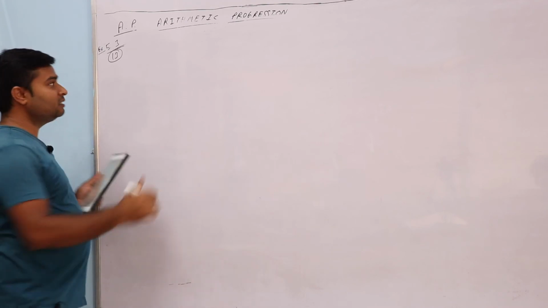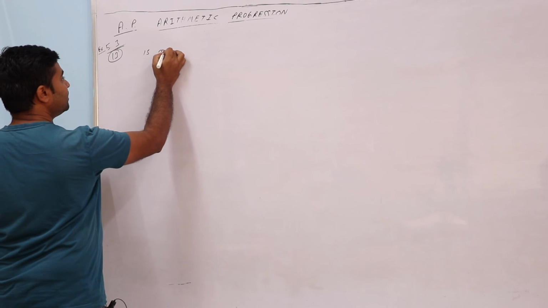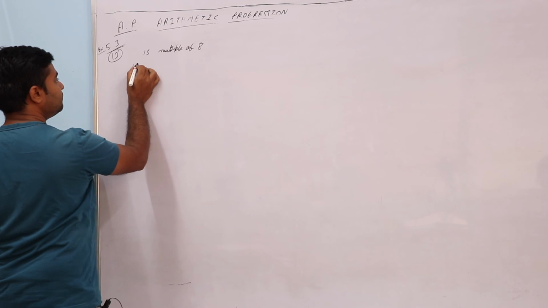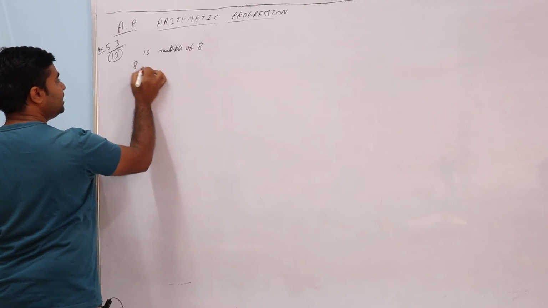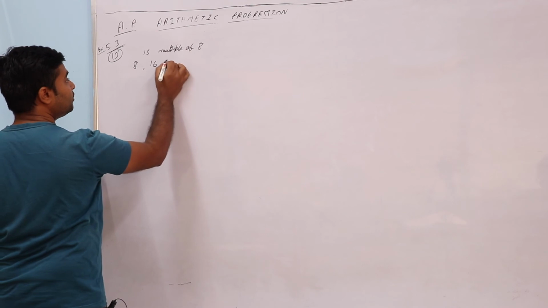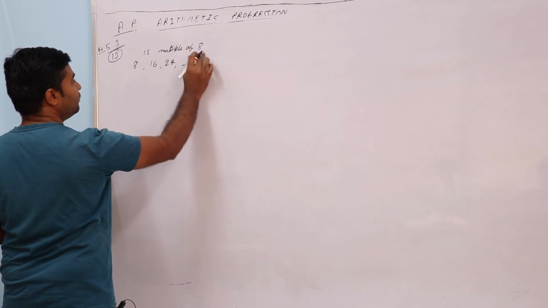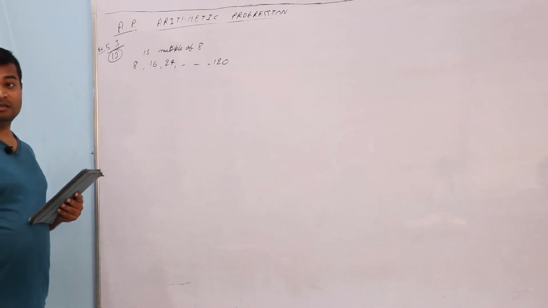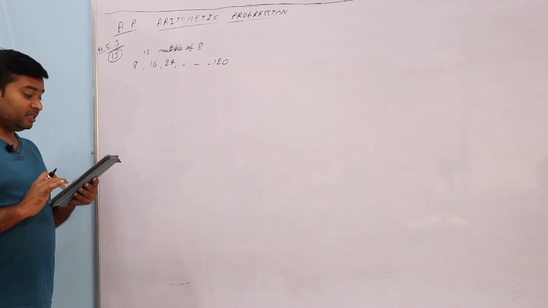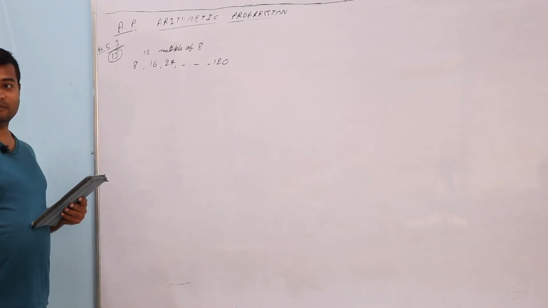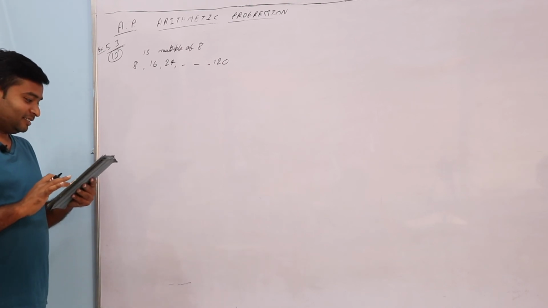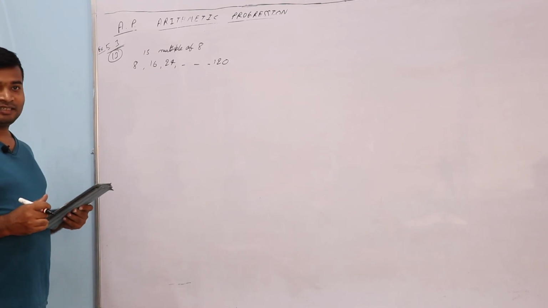See, first term 8, second term 16, third term 24, and last term 15 into 8, which is 120. We remember, we have learned tables like this only.